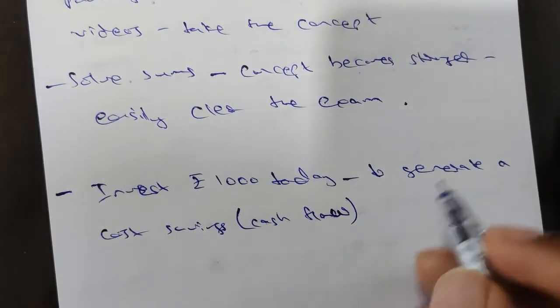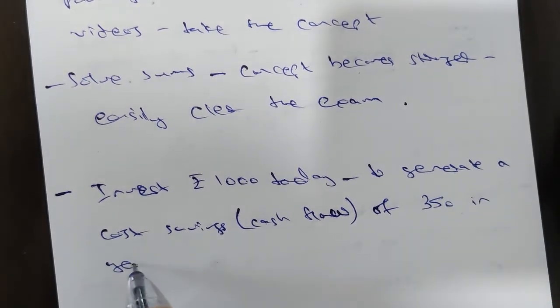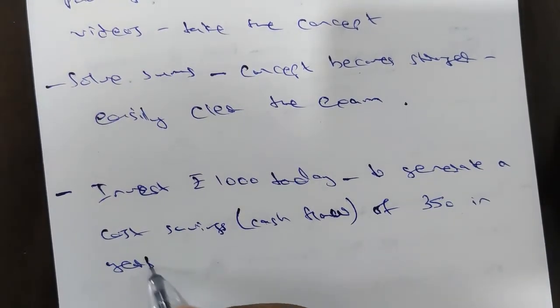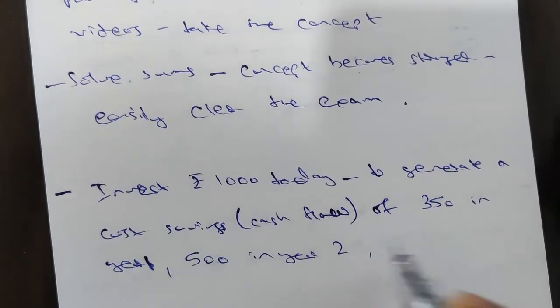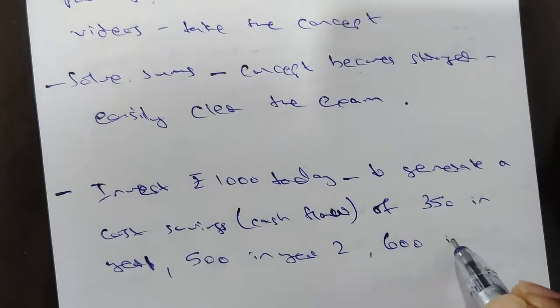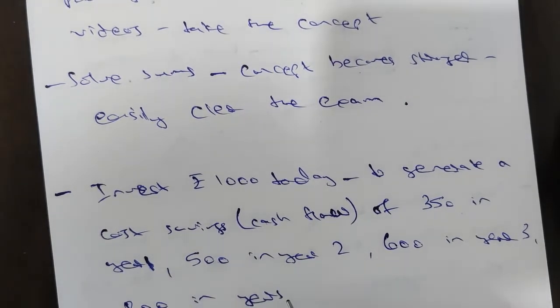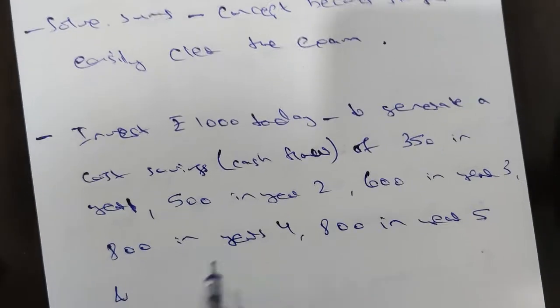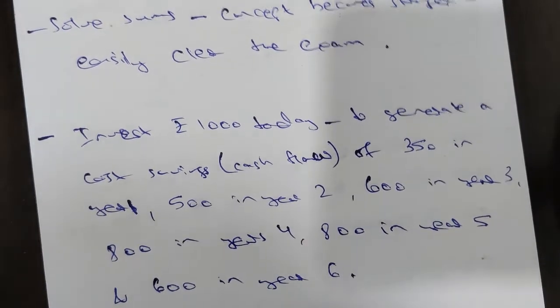To generate a cost savings of 350 in year 1, 500 in year 2, 600 in year 3, 800 in year 4, again 800 in year 5, and 600 in year 6.